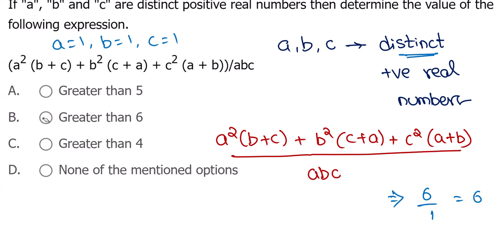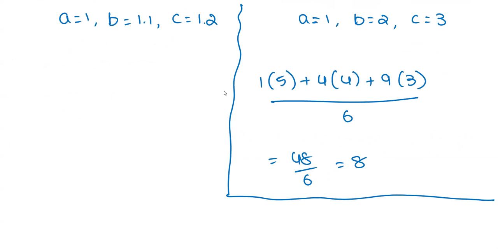But there is one more issue. Wait, before concluding. Real numbers means I can take 0.1, 0.2, 0.3 also. Positive values 0.1, 0.2, 0.3 we can try.